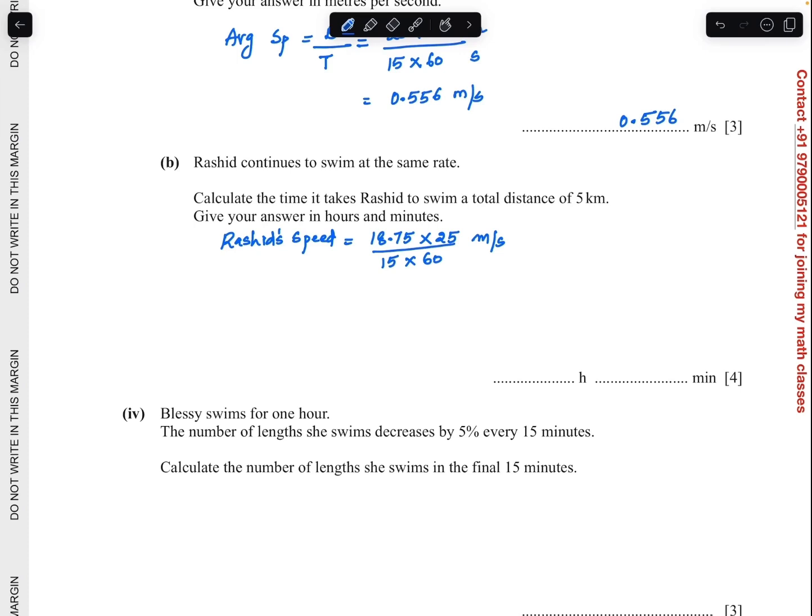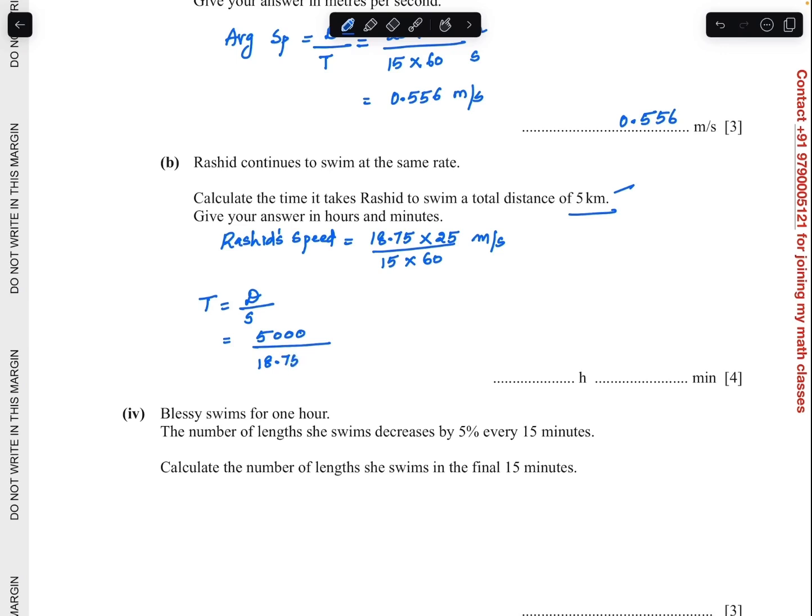But next what we have to calculate, let this be as such, I'm not calculating this rate. Time is equal to, now the distance is different. They are asking for 5 kilometers. So let's work for this now. Distance by speed, which is equal to, distance is in kilometers, I'm changing this into meters, which is 5000 meters, by the speed.